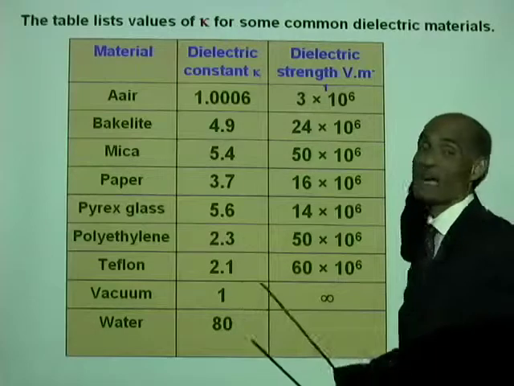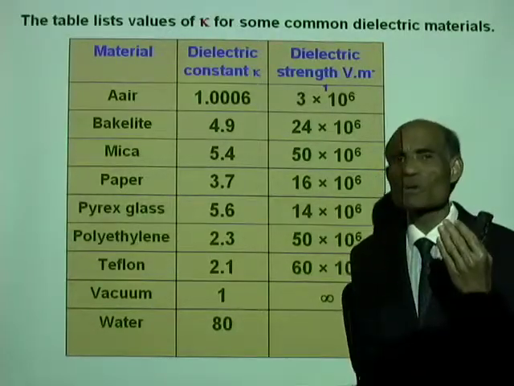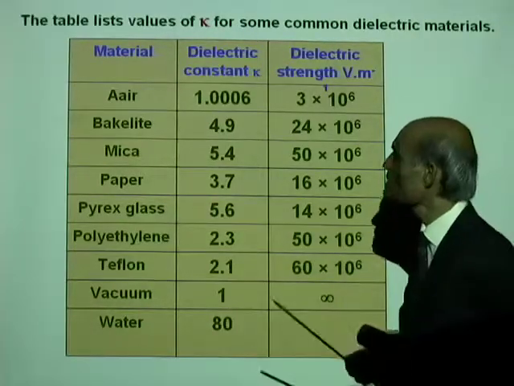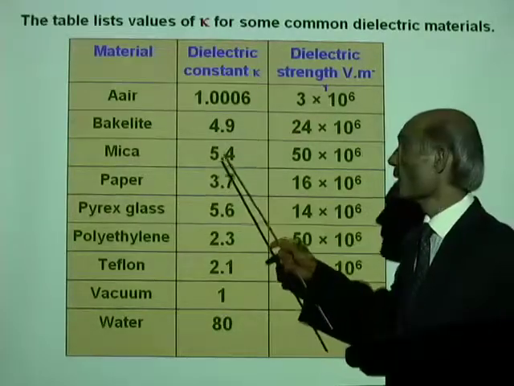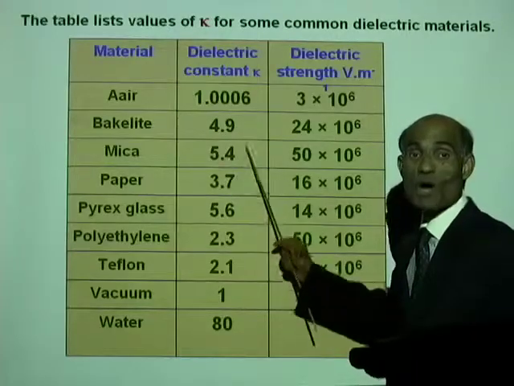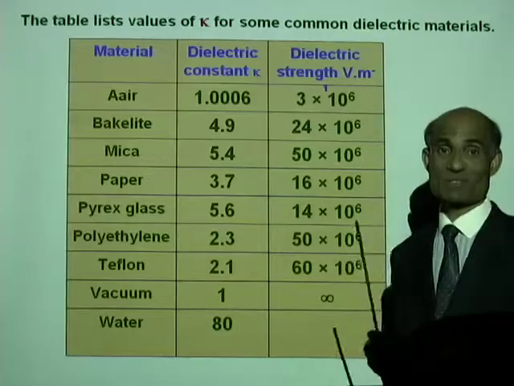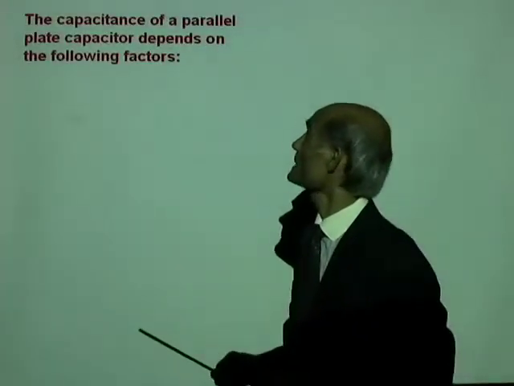Well, water has a very high value, but water is not a practical material to be used as a dielectric. So we will not be using water. Well, paper is a good dielectric. Mica is a good dielectric. Bakelite, all of them are commonly used to construct capacitors. All right, let's move on.